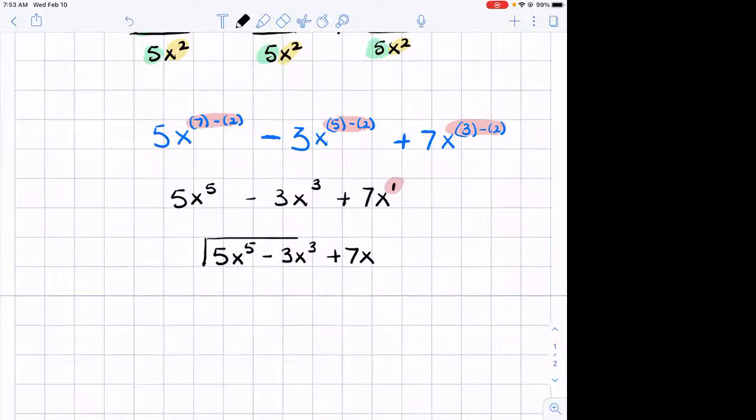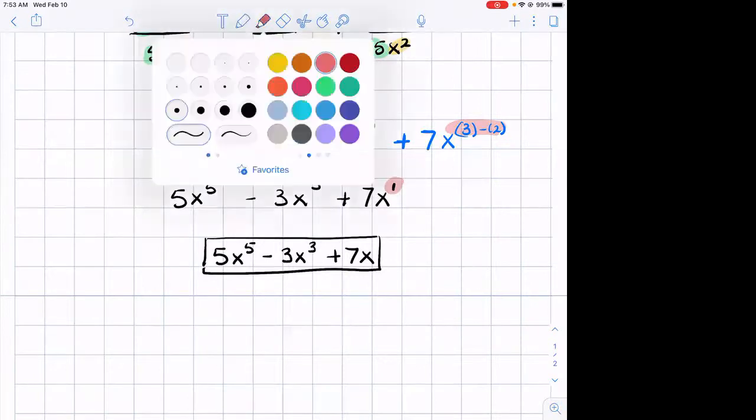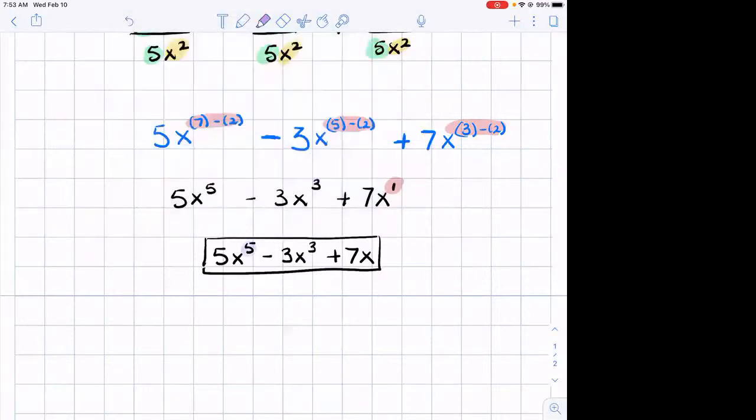And this here is the result of that division of polynomials. That's our final answer. Now, as a reminder, the powers must always be positive. If they're negative, you have to simplify further to make them positive.